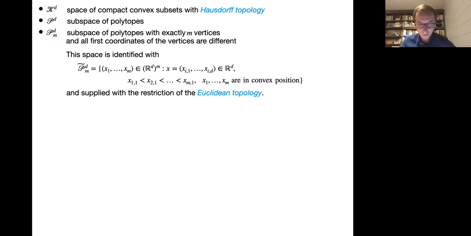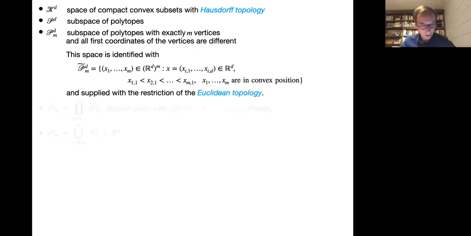So there is a nice identification between the space of polytopes with m vertices whose first coordinates are all different, and this subset of a certain Euclidean space. And we supply this set with the Euclidean topology. This is a topology you can put your hands on.